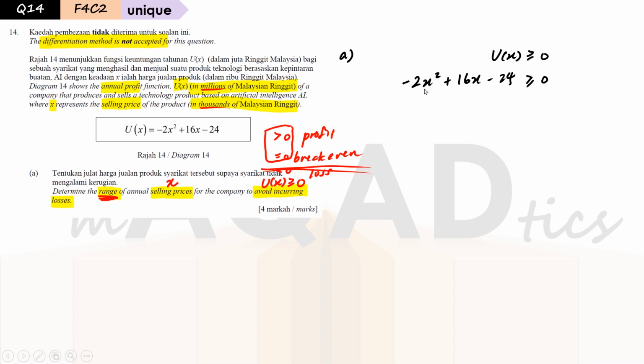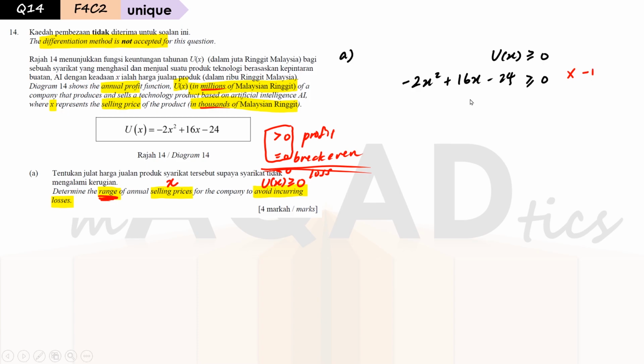So we need to change this to positive, because if it's negative, there will be other things we need to do to take care of the negative. To prevent all that, why not we change from negative to positive? To do so, we can multiply the entire equation by -1.